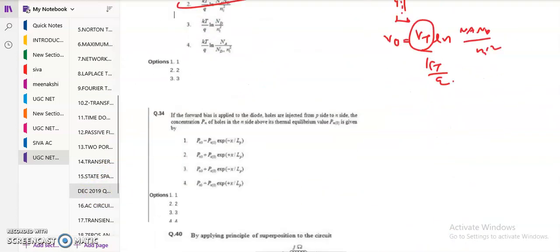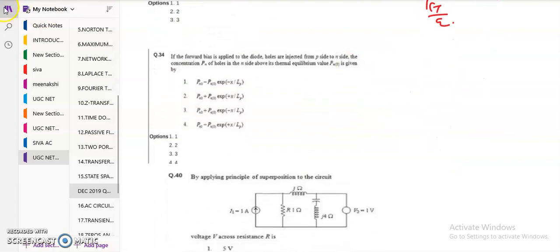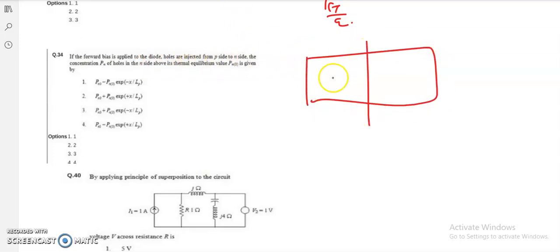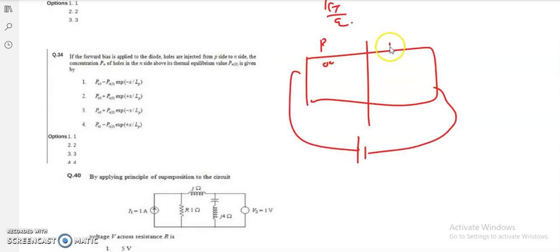And coming to the next problem, if the forward bias is applied to a diode, holes are injected from P side to N side. That means if the forward bias is applied, let's take it is a P and it is a N, so the holes are injecting from P to N. The concentration pn of holes in the N side above its thermal equilibrium value, that is pn of 0, is given by.